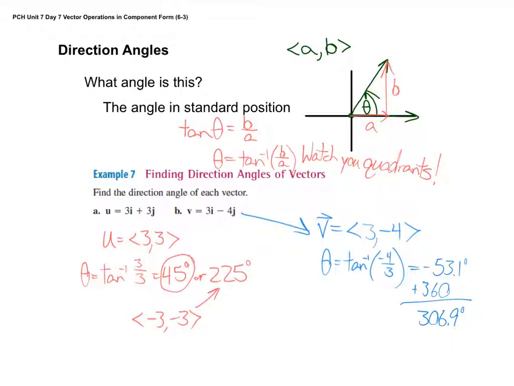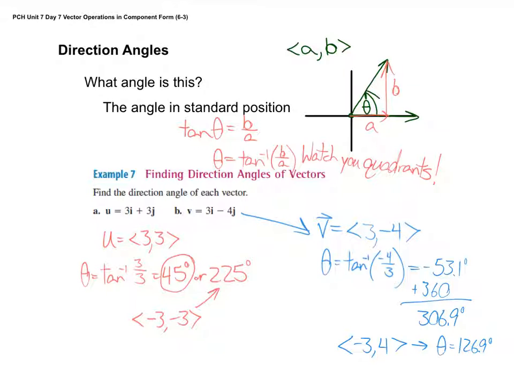So I would have done 180 minus 53.1, and gotten our 126.9. We're going to use degrees on most of these, but just to illustrate, negative 3, 4 has a theta equal to 180 minus 53.1, so 126.9.